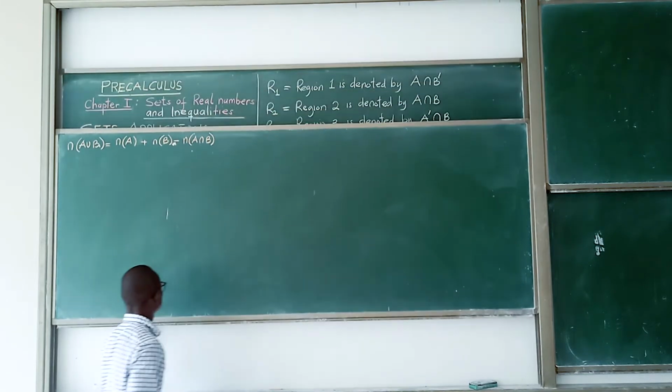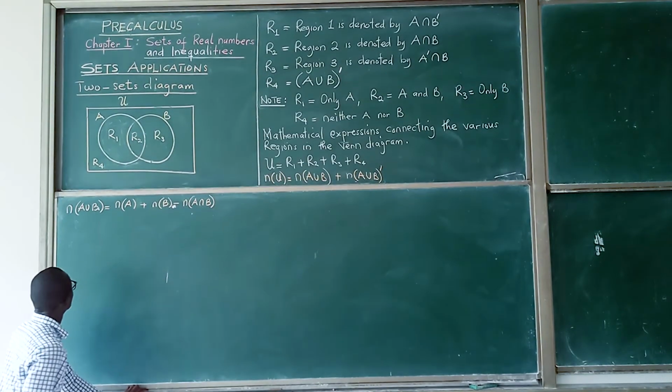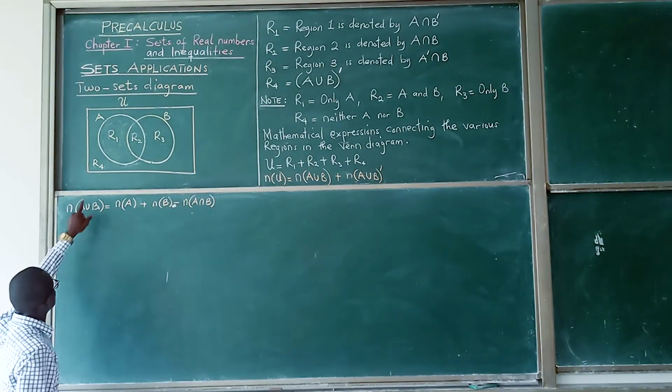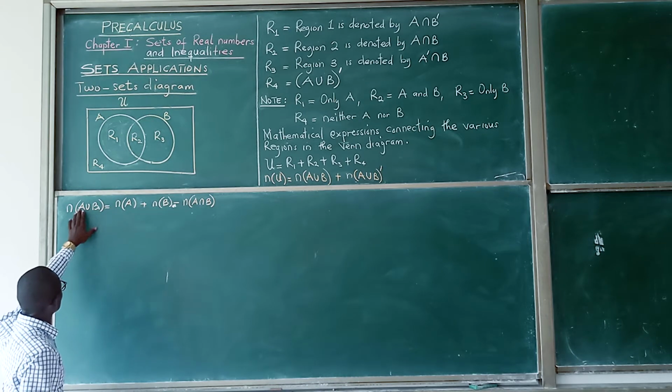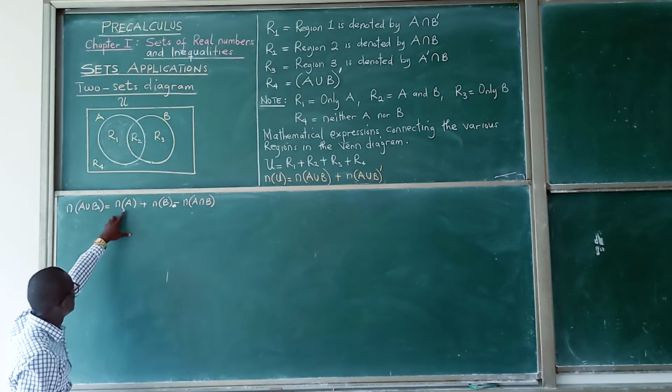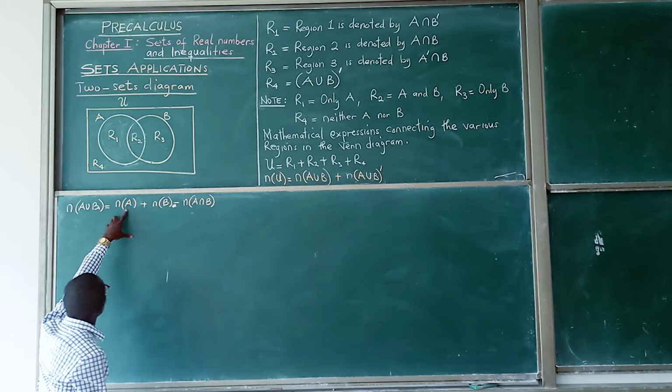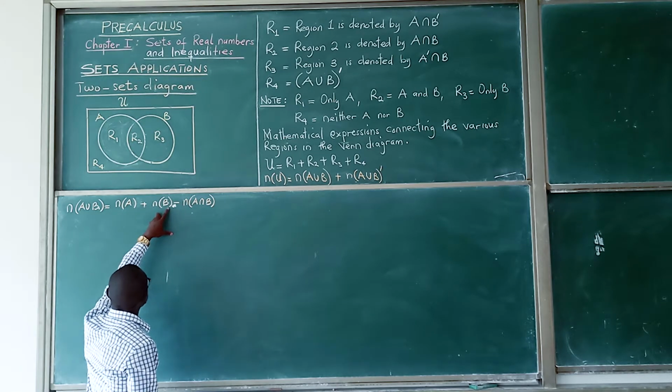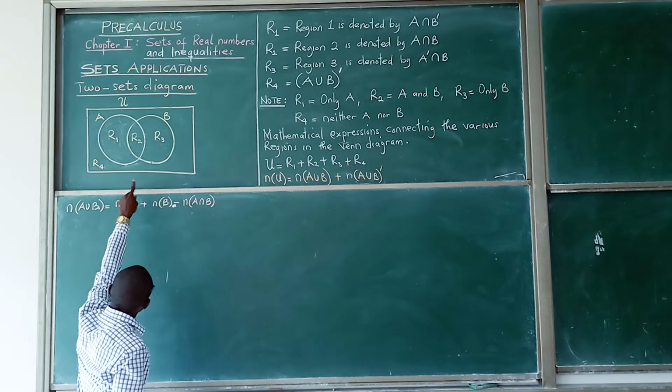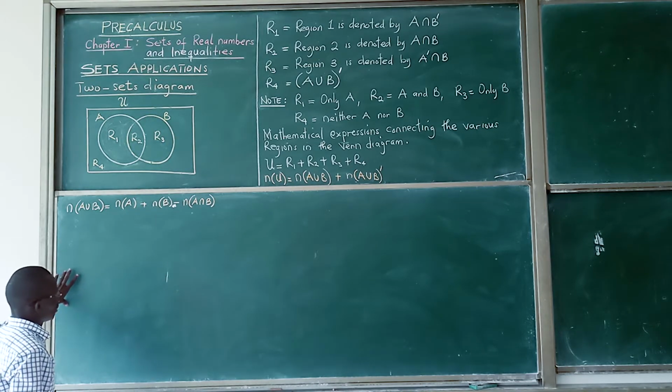Now, what about finding the union of set A and set B? To find the number of elements within A union B, we find the number of A plus the number of B, then we subtract the intersection.